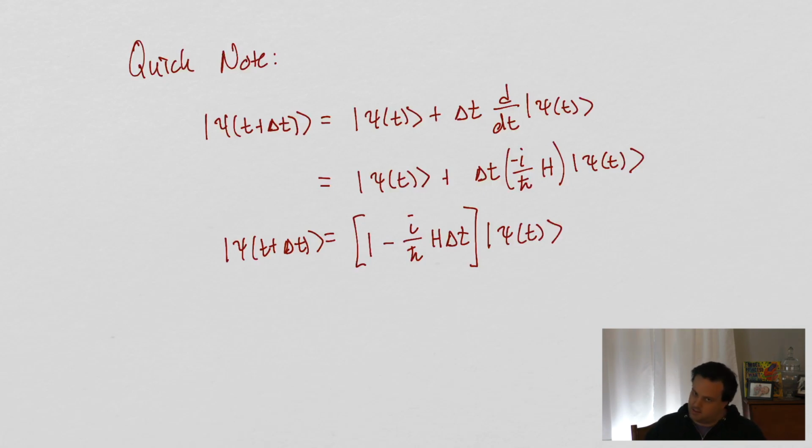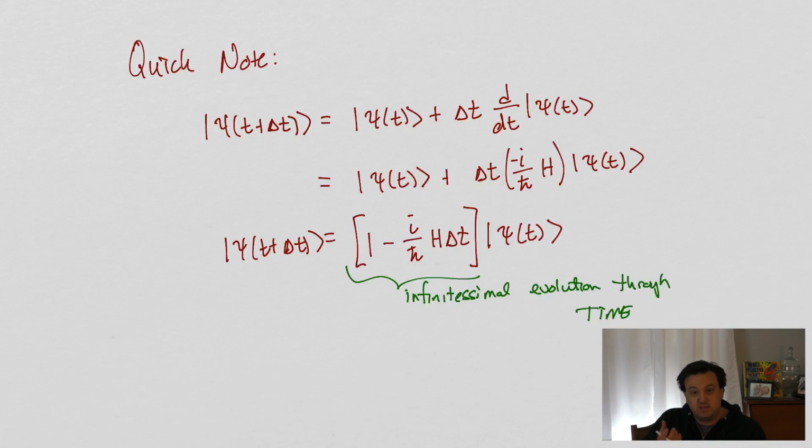This is just the Taylor expansion through time. I can use the Schrodinger equation to replace that time derivative with the Hamiltonian, and I can now pull those two terms together into brackets, and this is exactly what we saw last week when we were building unitary operators from Hermitian operators.